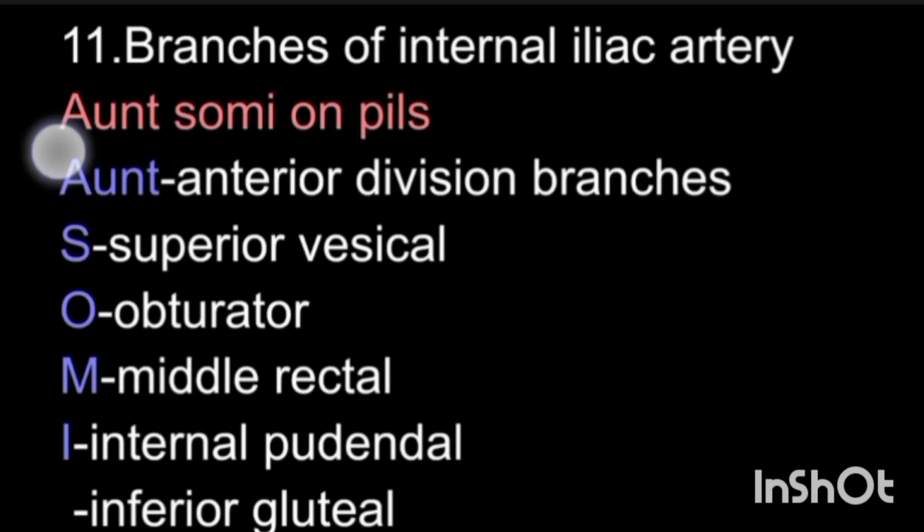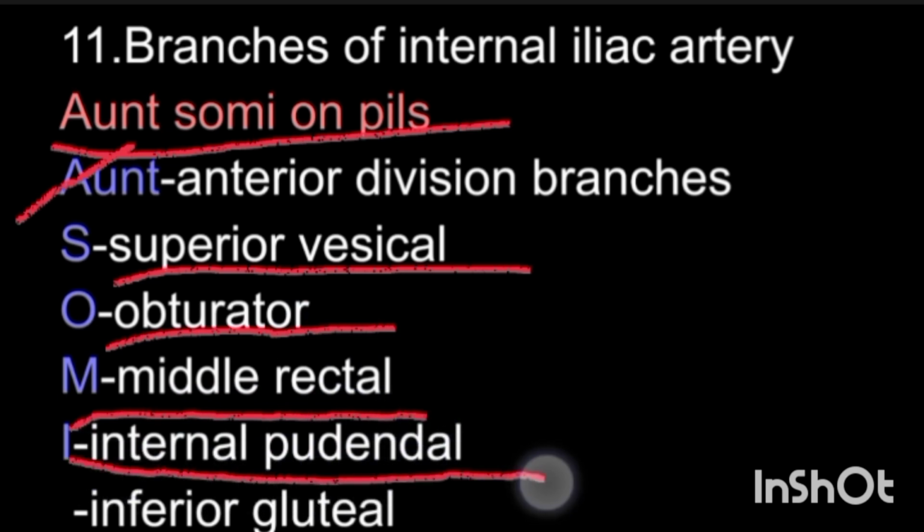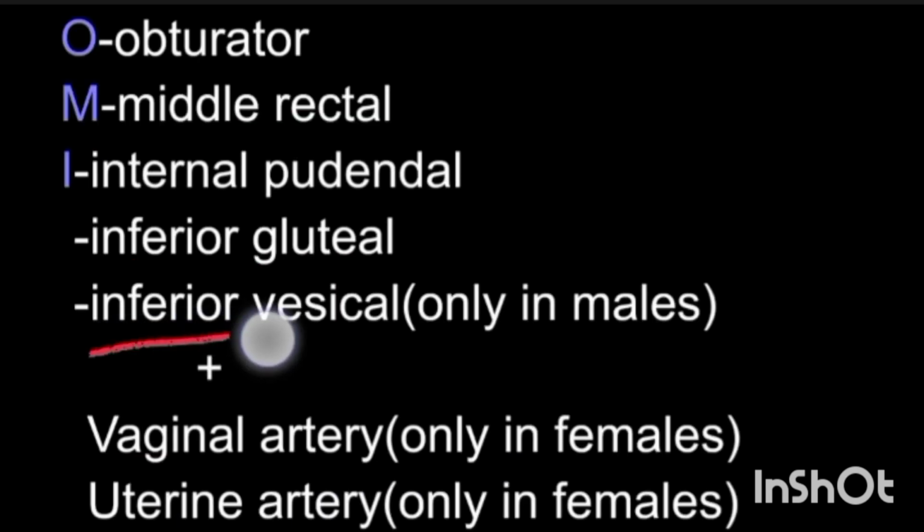Branches of internal iliac artery. Remember aunt Somi on pills. For aunt, it is anterior, branches of anterior division. Somi: S for superior vesical, O for obturator, M for middle rectal, I for internal pudendal, inferior gluteal, inferior vesical.